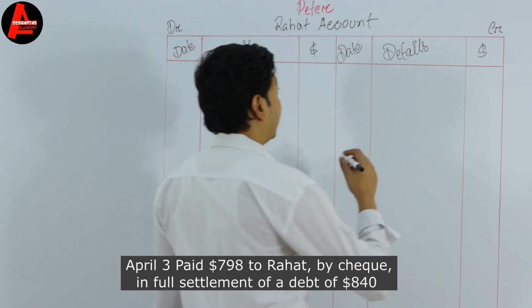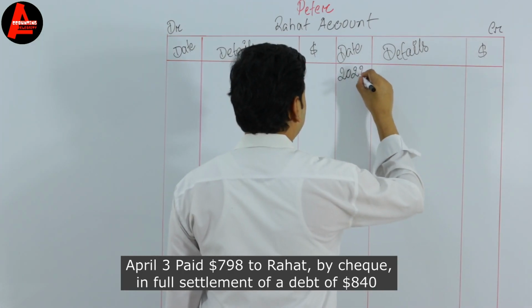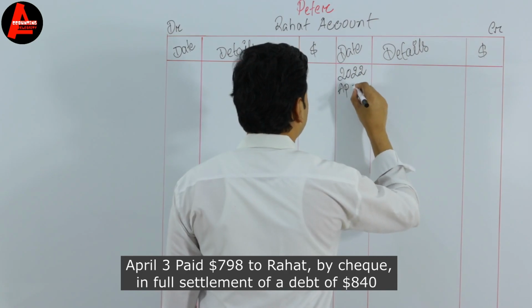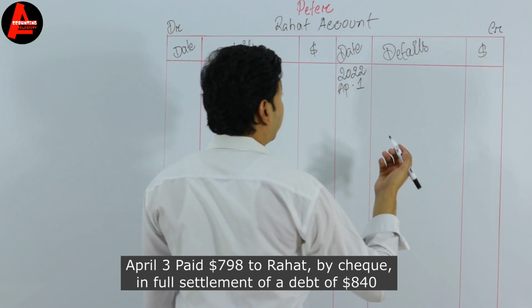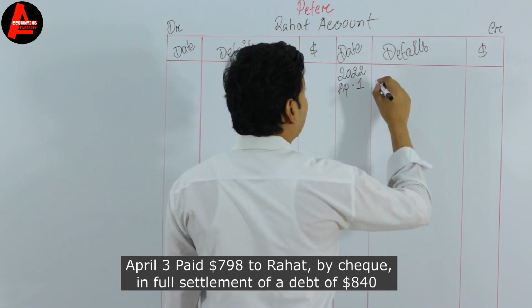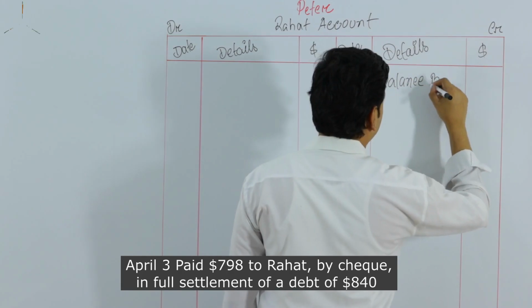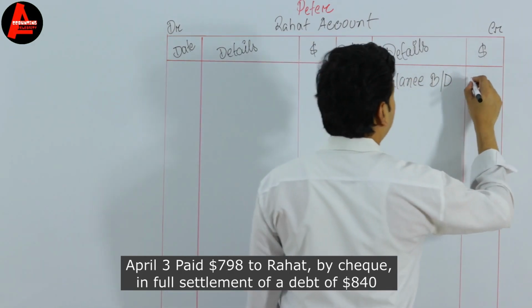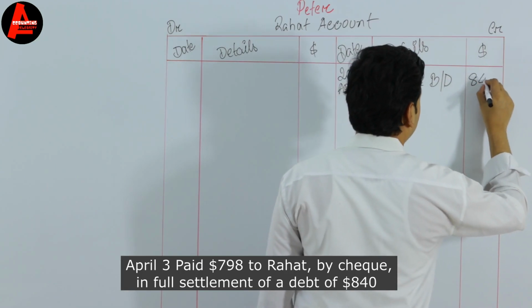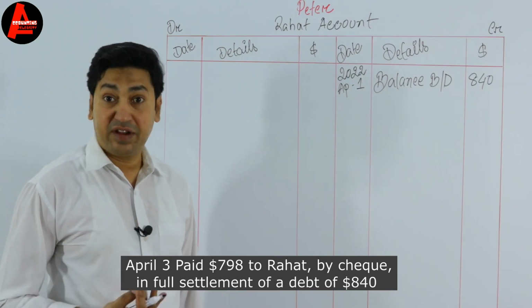Okay, so let us write here 2022 April 1st. This is the opening balance of Rahat, the supplier. So here we will write balance b/d. B/d stands for brought down, it is $840. You know, a supplier account balance is a liability for us.